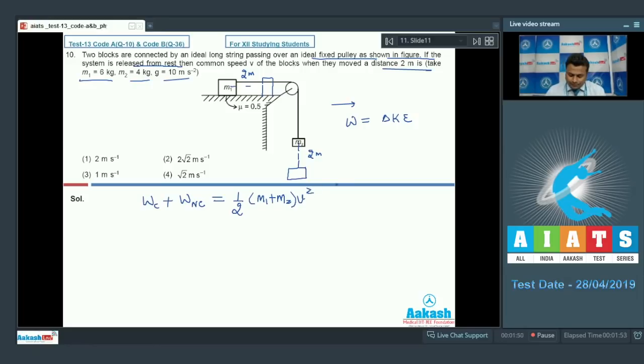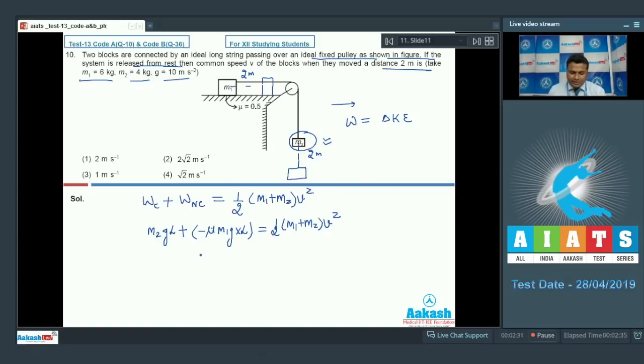Now for the conservative force, for m2 the work is done by gravity, so the work done is m2 g into displacement L, plus the surface is rough, mu is clearly mentioned, so the work done by friction is negative, that is minus friction force, mu into m1 g multiplied by displacement L, equals half (m1 plus m2) common speed v square.